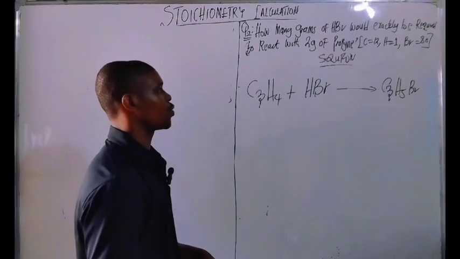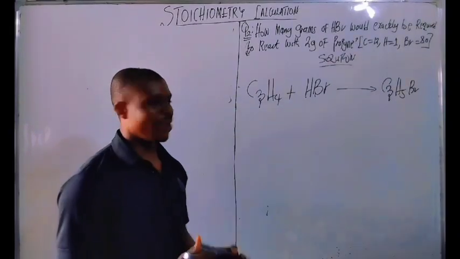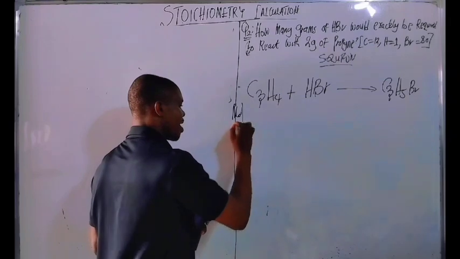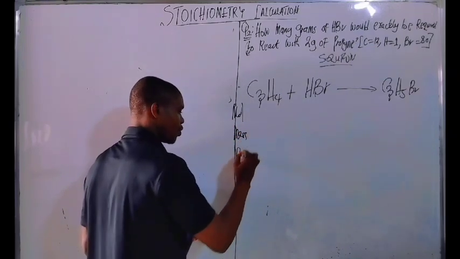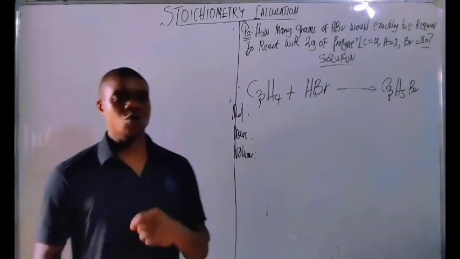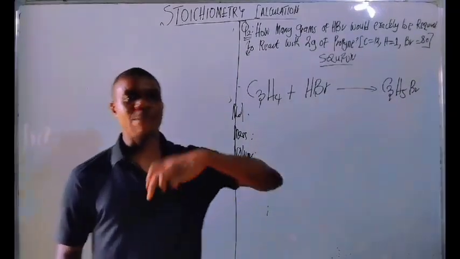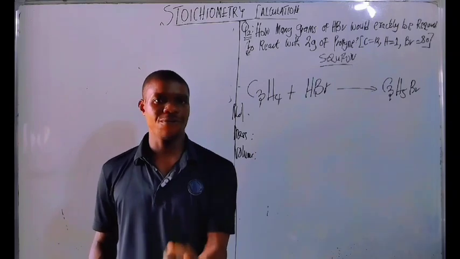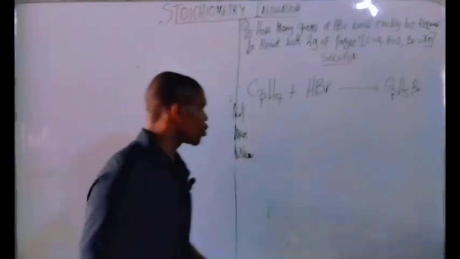Now the next thing to do is write out the balanced mole and balanced mass. So I can just say mole, mass, and volume. I'm going to show you a simple way to solve this, because once you master this method, you can skip some steps. But I want you to understand this before I show you those things. So how many moles do you have here?